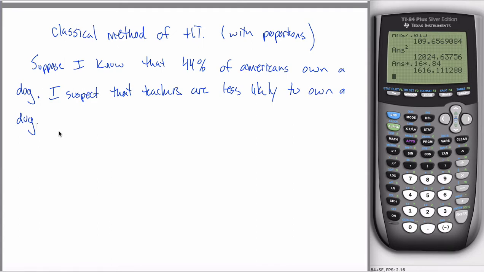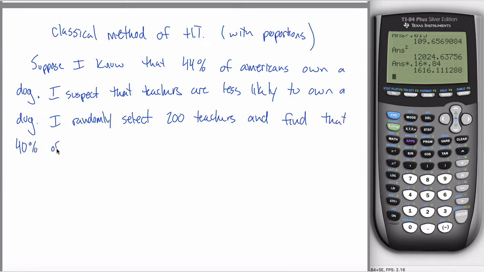So what I did is I went out and I randomly selected, I don't know, let's say 200 teachers, and find that, let's see, make the math work out nicely, let's say 40% of them own a dog.